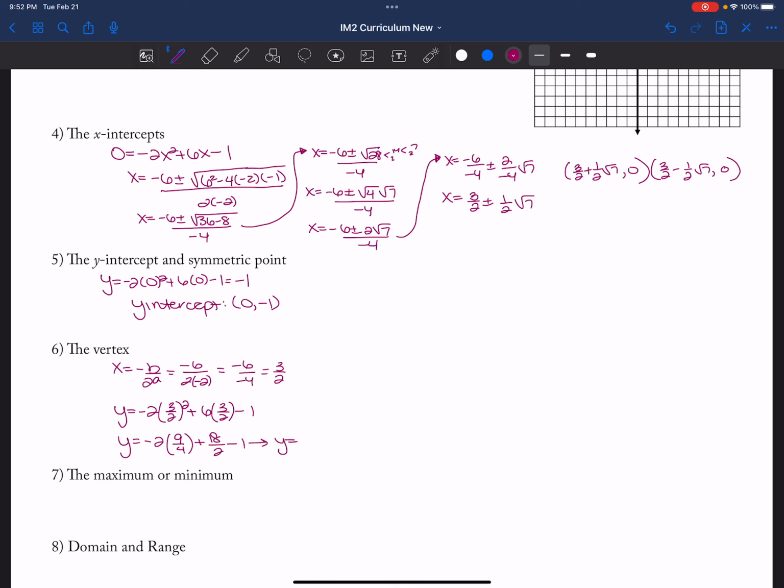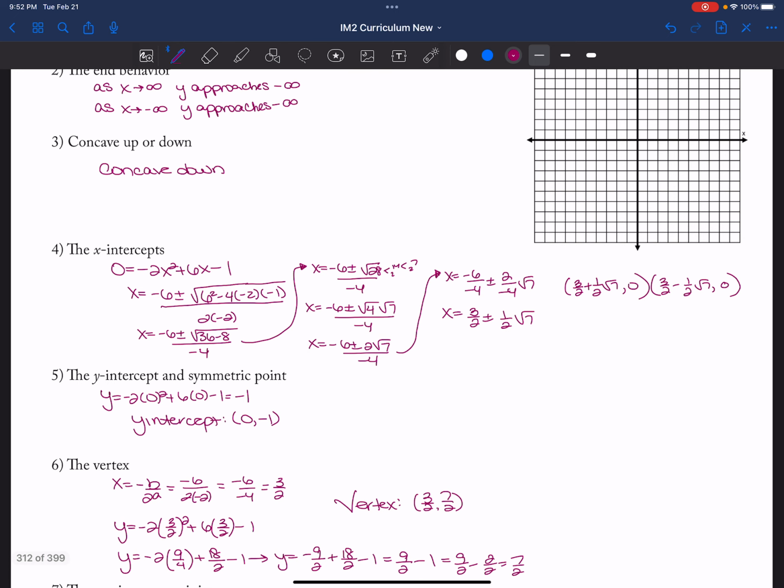So y is equal to -9 over 2 plus 18 over 2 minus 1. So this gives me positive 9 over 2 minus 1. So 9 over 2 minus 2 over 2, which equals 7 over 2. So a really long process for my vertex to be 3/2, comma 7/2, which requires effort.